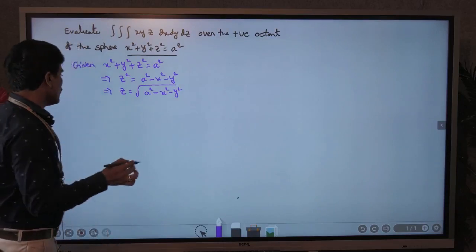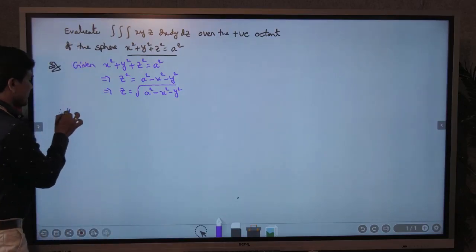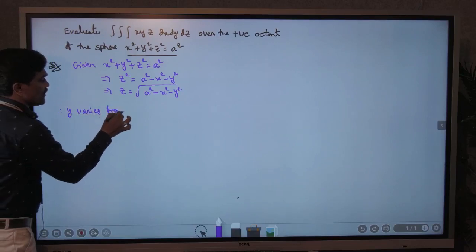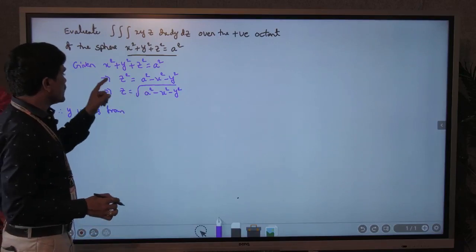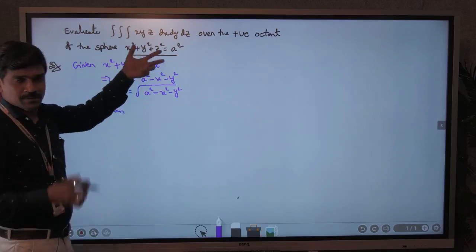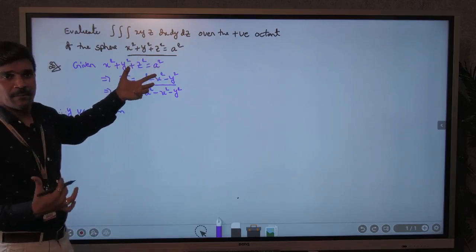Now where does y vary from? It is the projection of this sphere in the xy plane.